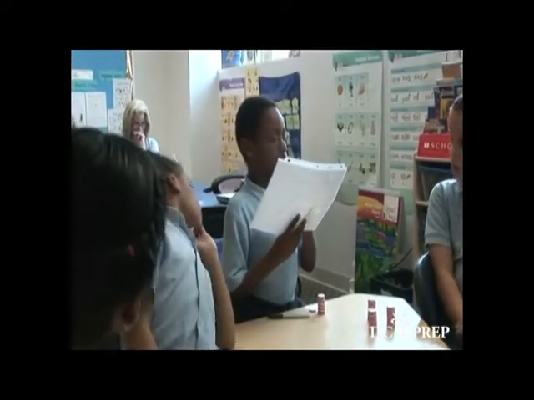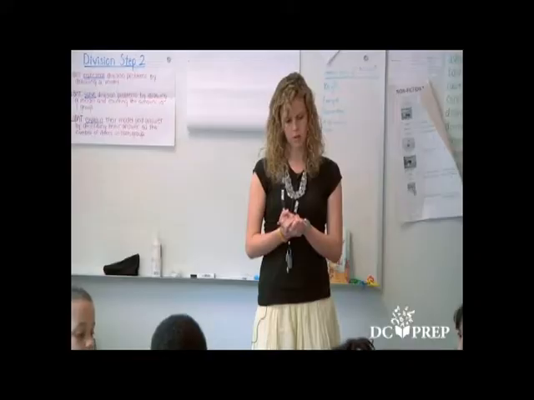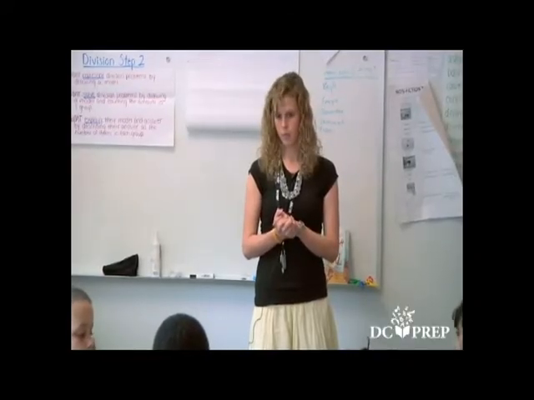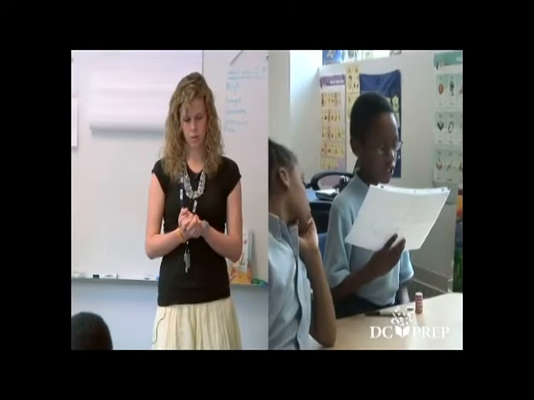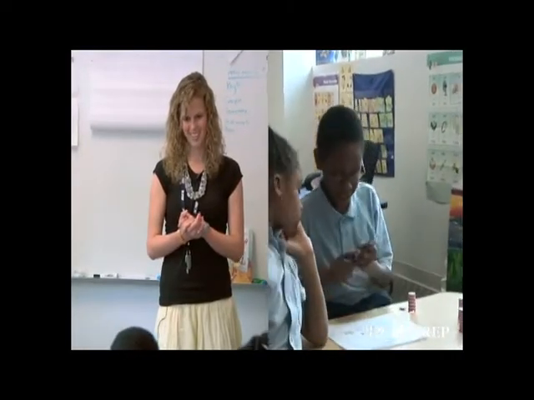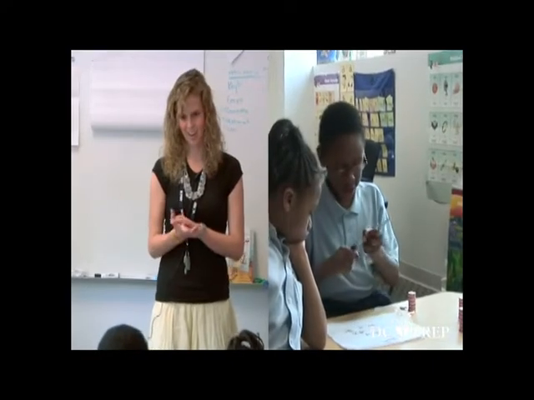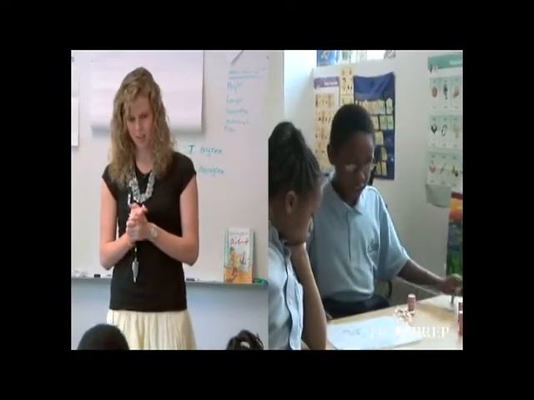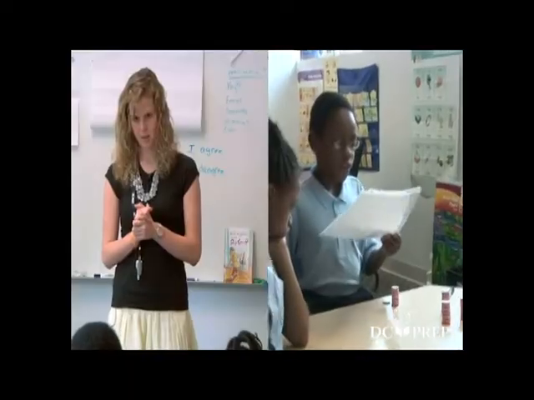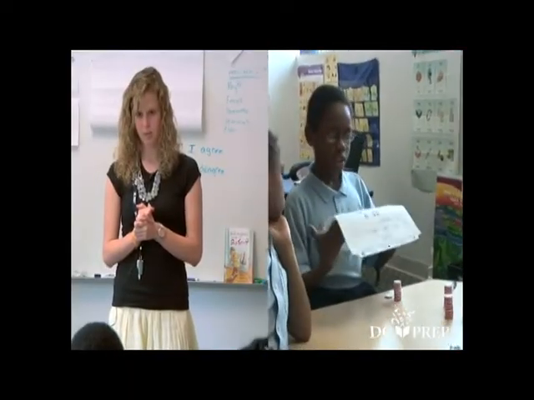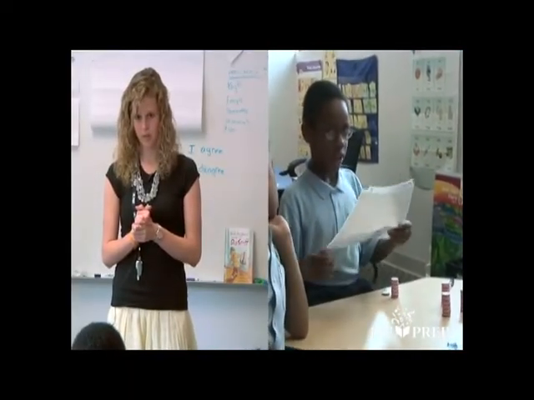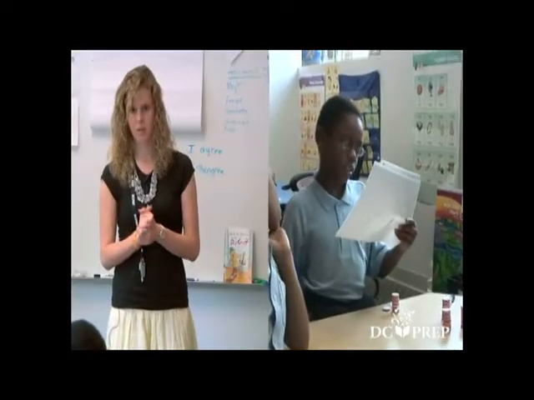This model also shows 40 divided by 4. The number of items in each group is, wait. You got it, Jason. 10. Very good. My division sentence is 40 divided by 4 equals 10.